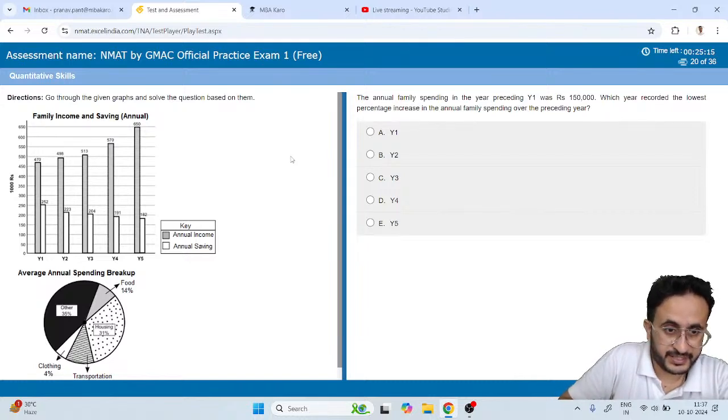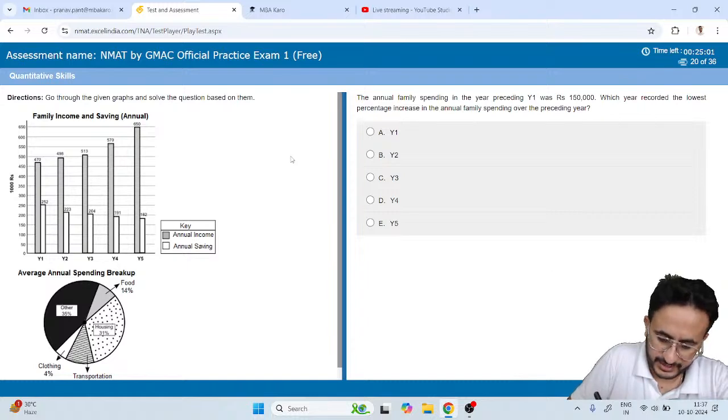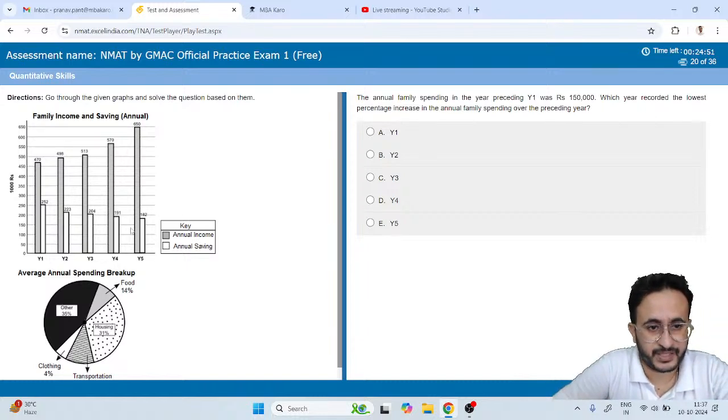Year 3 the spending is 309. Year 4 the spending is 379 and Year 5 it is 468. We need to tell the minimum percentage increase. If we see, Year 3 has only a very small increase, so Year 3 would be the answer.